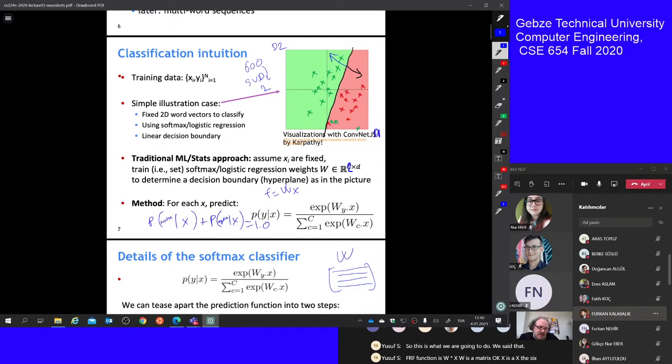X is a 600 dimensional input vector. If I multiply w by x, I am going to get a vector, right? So what is the size of f? What kind of mathematical structure is f? Is it a scalar? Is it a vector? Or is it a matrix? What is f?